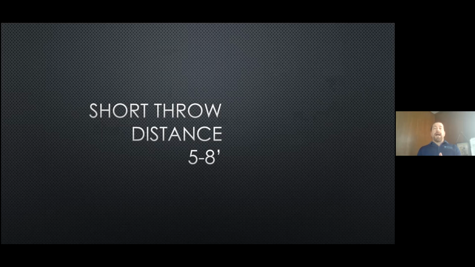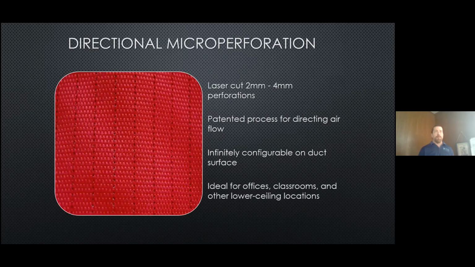Those short design systems that I mentioned before, so low ceiling offices, classrooms, that kind of situation, we're going to be looking at what we call micro perforation. This is a patented design that we came up with. These are all very tiny laser cut perforations. What the patent is about is the way that they can be put in.